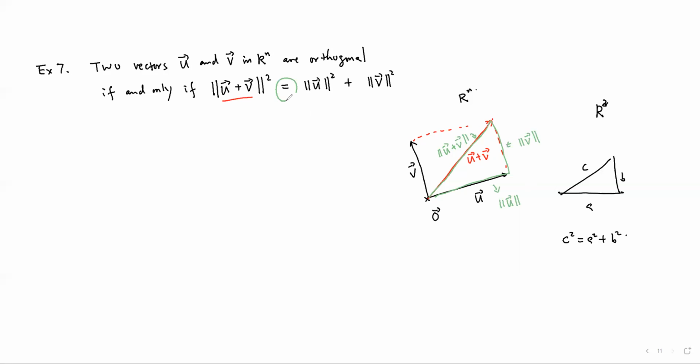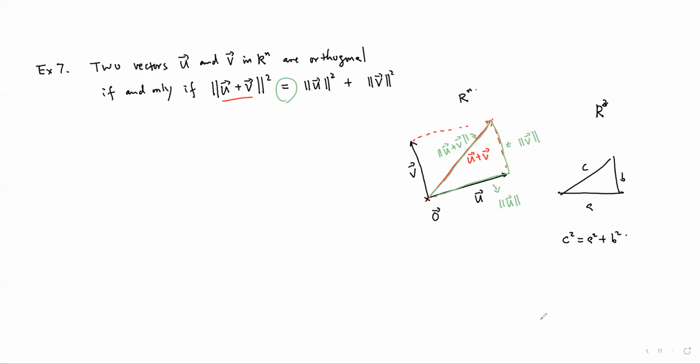So this equation says that when u and v are orthogonal, this triangle is a right triangle. So the left-hand side, the square of the hypotenuse, is equal to the square of the bottom edge plus the square of the height. This is the Pythagorean figure, but now, of course, in Rn.